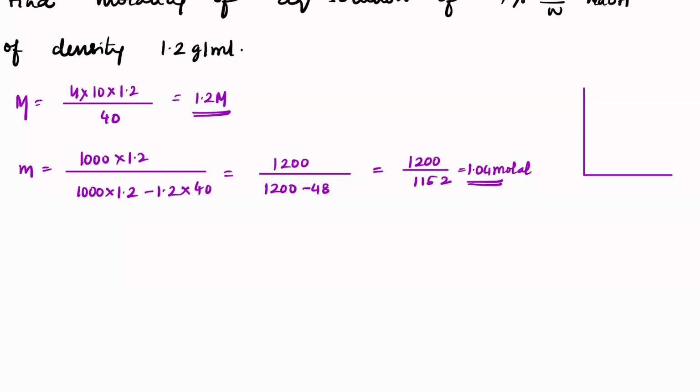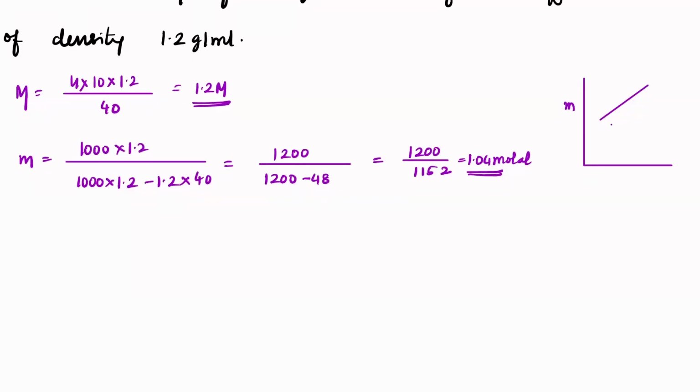Typically this is how it goes for molality versus molarity. Molarity goes this way. Both of them converge close to each other when the values are smaller. That means the concentration is closer by. And this usually happens at a lower concentration.